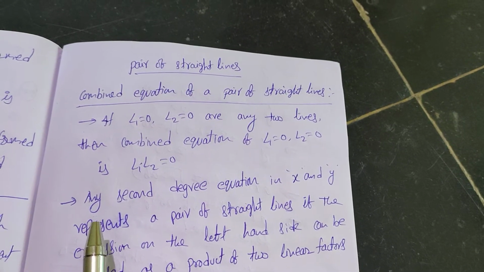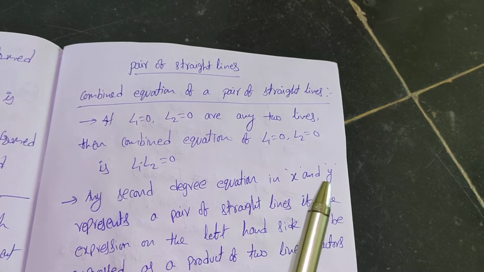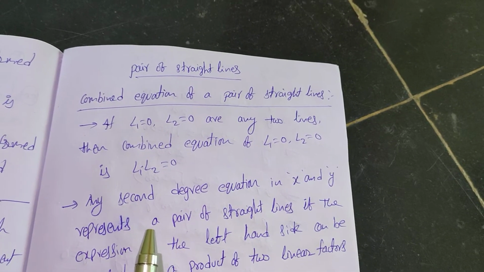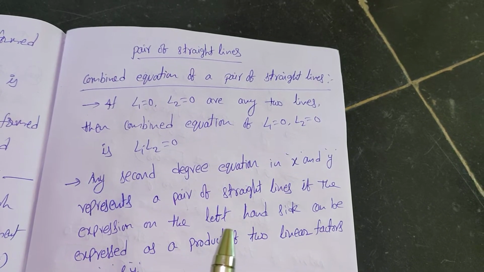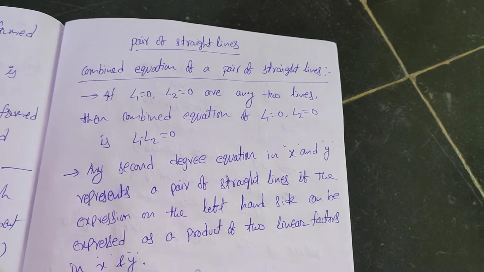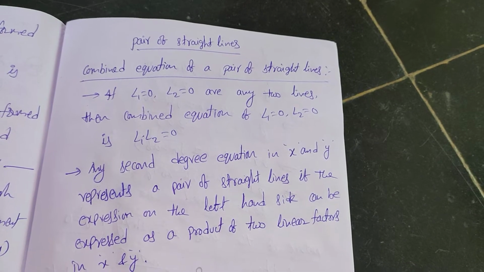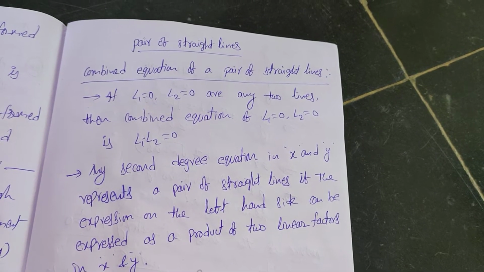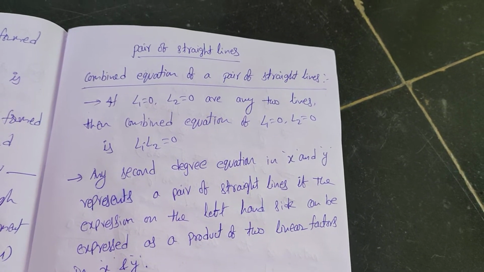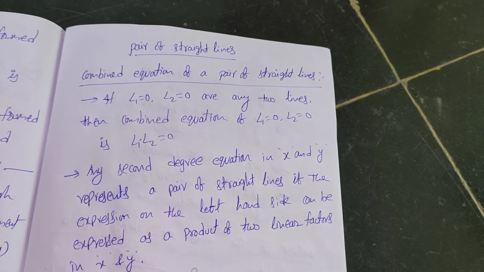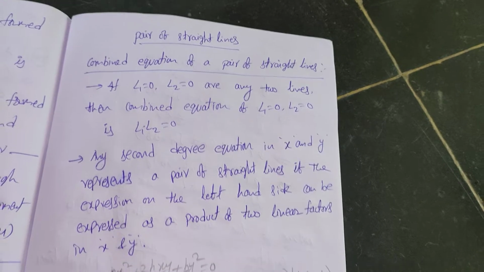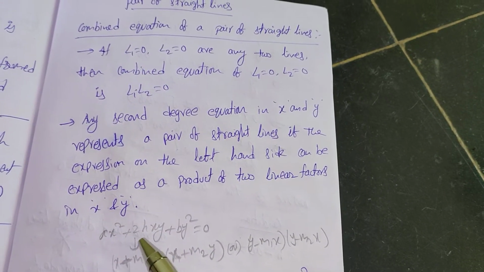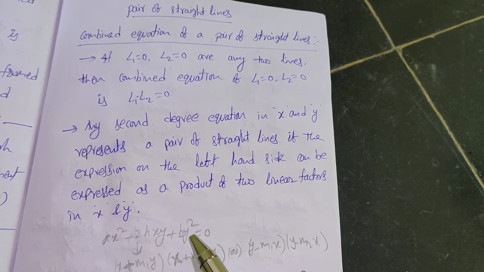Next, any second degree equation in x and y represents a pair of straight lines if the expression on the left hand side can be expressed as a product of two linear factors in x and y. Once again, any second degree equation in x and y, you can say in this form, some ax square plus 2hxy plus by square.